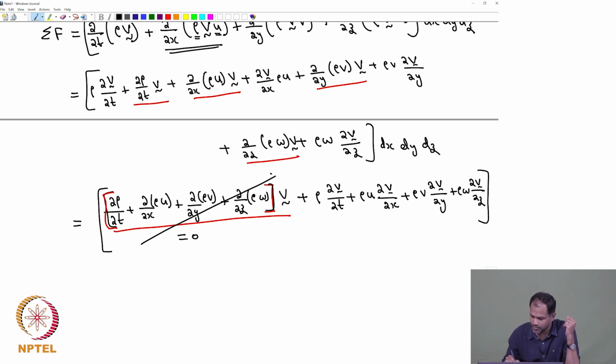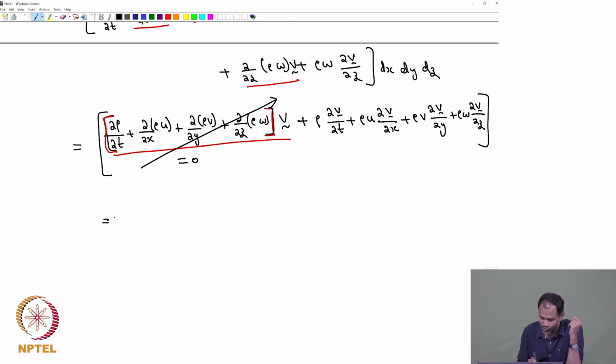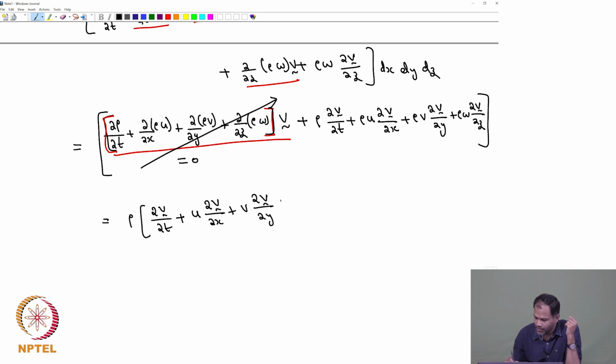So, this term does not exist, and the only term that we end up with is rho times del v by del t plus u del v by del x plus v del v by del y plus w del v by del z.